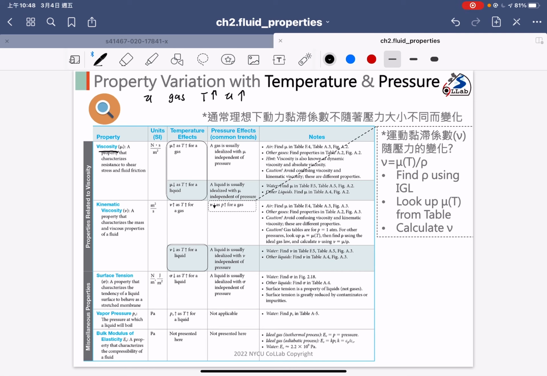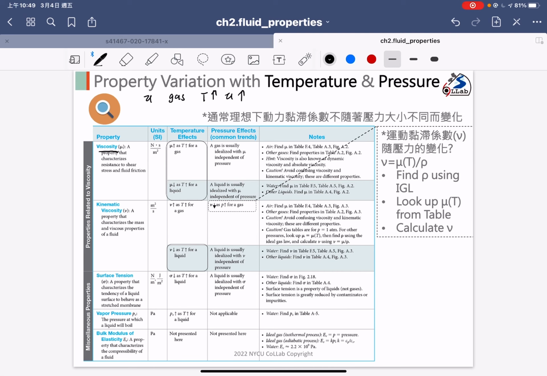So if the temperature increases, the system energy will also increase. If the system energy increases, the particles start to move. So the gas molecules will collide together more frequently. If the gas molecules collide more frequently, that means the viscosity will increase. Okay, that's why when the temperature increases, the viscosity will increase.